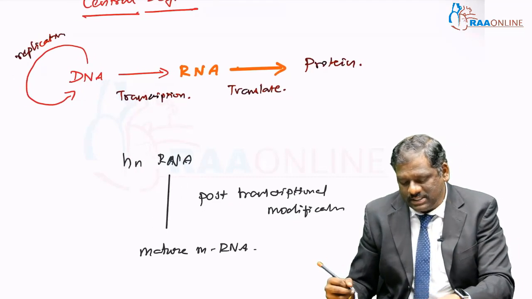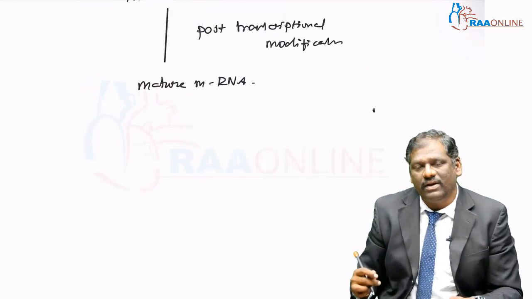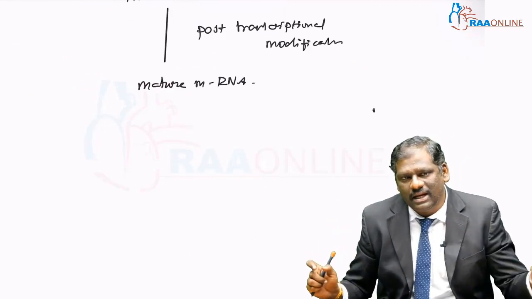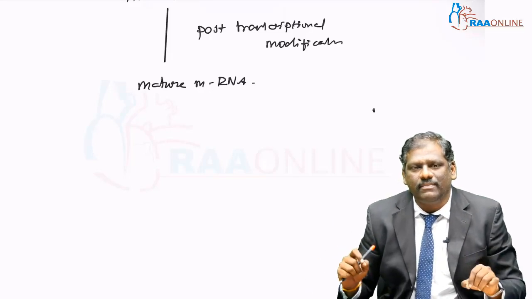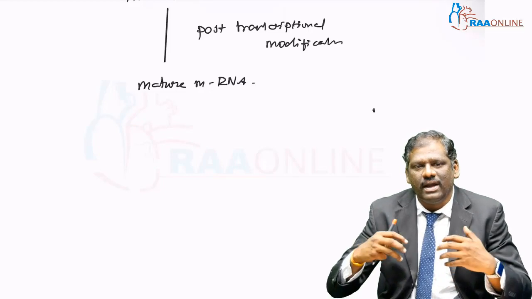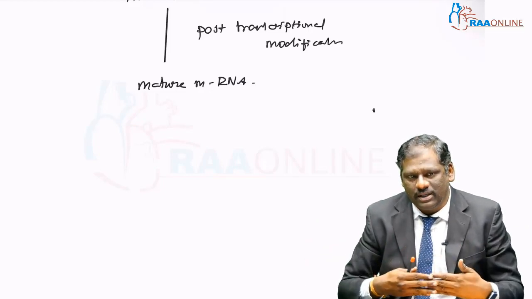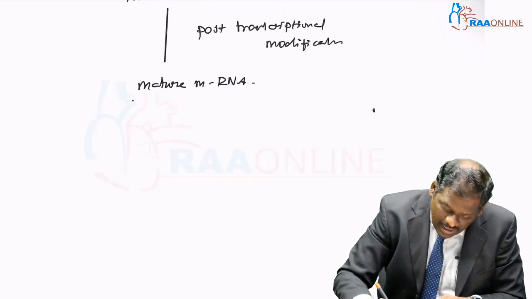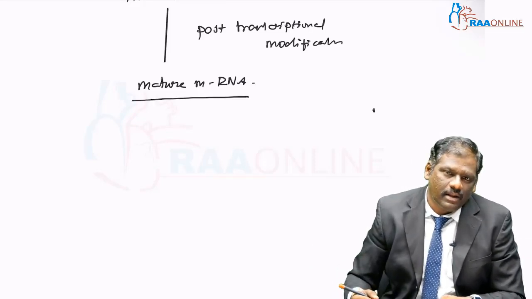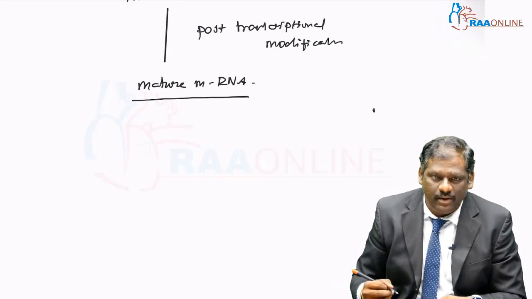What are the changes you find in a mature RNA? It will have a 7-methyl guanylyl cap addition and a poly A tail addition. At the same time, it will have splicing, in which various introns have been removed and exons have been joined together. This kind of RNA is called a mature messenger RNA. So this is the product of transcription.